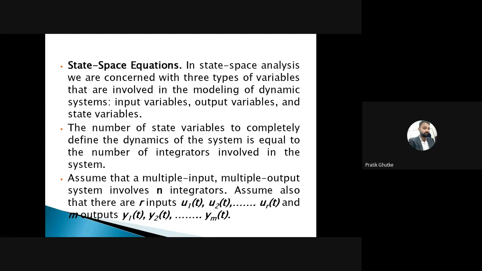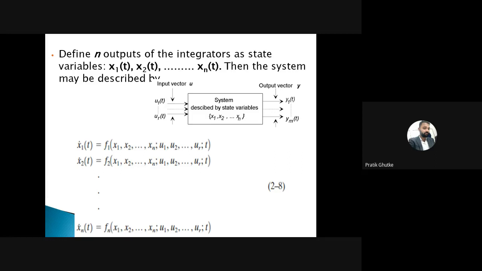So r is your number of inputs, which I am defining as u1 of t, u2 of t up to ur of t, and m is your number of outputs, which I can define as y1 of t, y2 of t and so on up to ym of t.